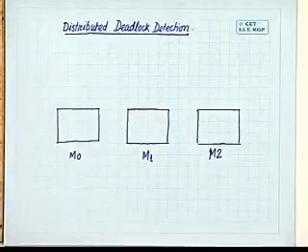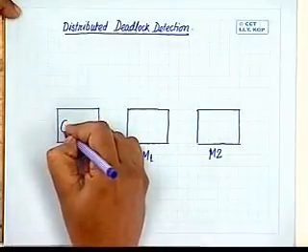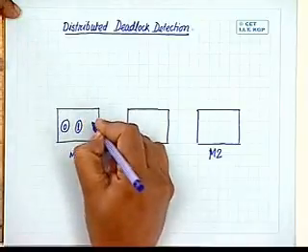Then suppose in machine M0 we have 3 processes: process 0, process 1, and process 2.